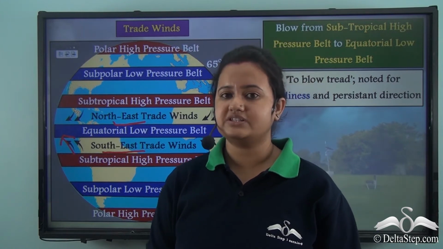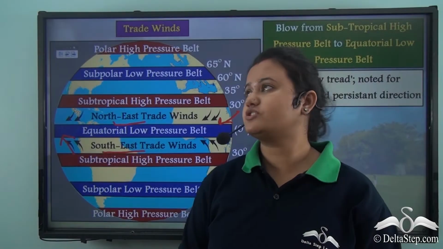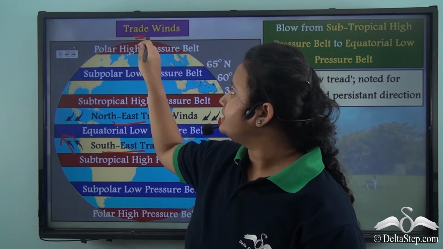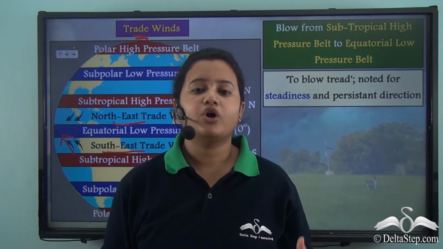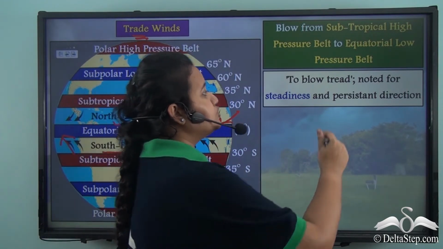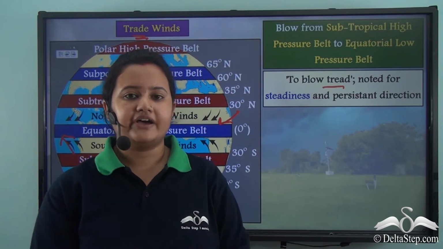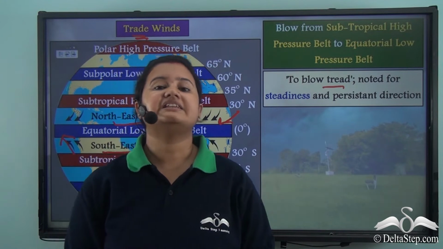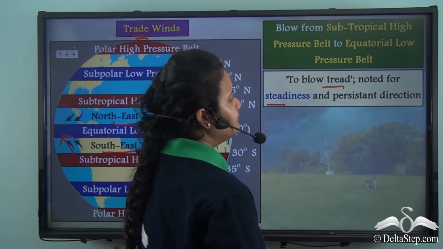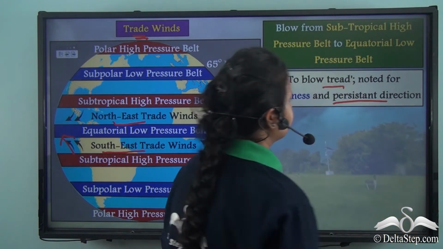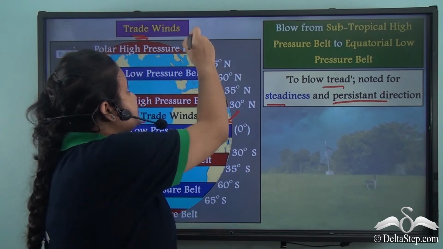Also, these permanent winds are known as trade winds because the word trade means tread, where tread means a steady direction. Since these winds are known for their steadiness or persistent direction, these permanent winds are also called trade winds.